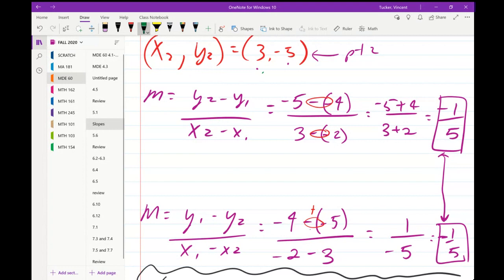And that would be a -1/5, which is the same value. So once again, as long as you stay consistent in your substitution, y2 first on top, x2 first on bottom, or y1 first on top, x1 first on bottom, you'll still get the same result.